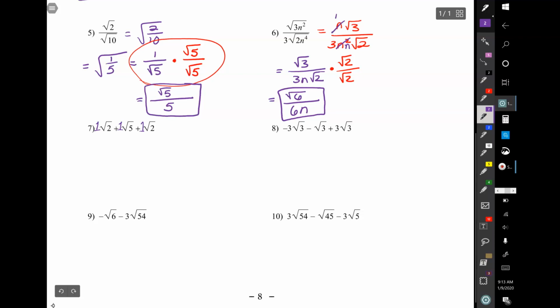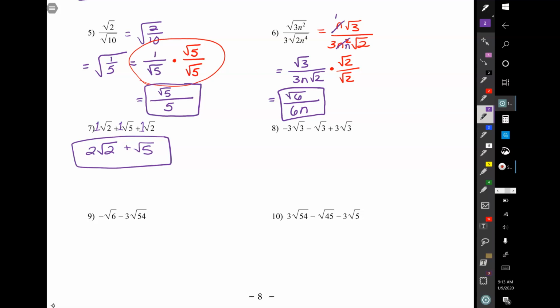So I can add the 1s, so I have 2 sets of those, or 2 factors, I should say. 2 square root of 2 plus square root of 5. And I'm just going to leave it right like that. I can't go any further. Don't try to multiply anything or that kind of stuff. It's not a fraction, so we're not going to worry about rationalizing anything.